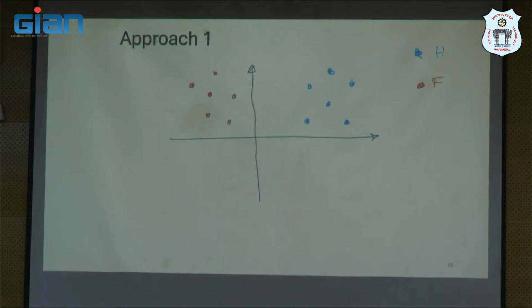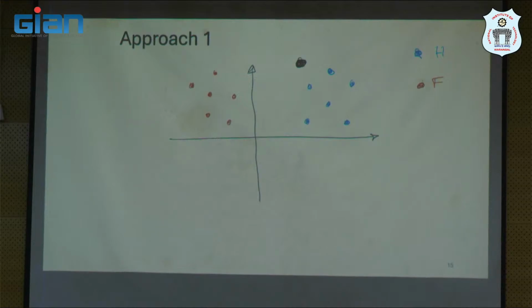So the first approach is, if I get a test data point. So this is the training data set. If I get a test data point, and when I visually plot the test data point, it appears here on the same plane, for the same features.